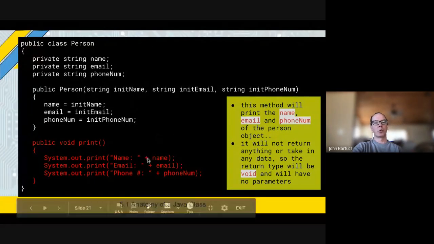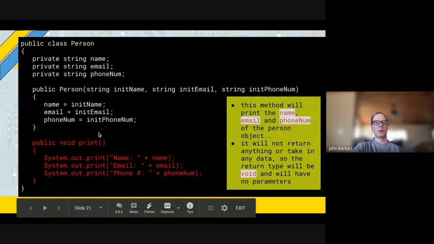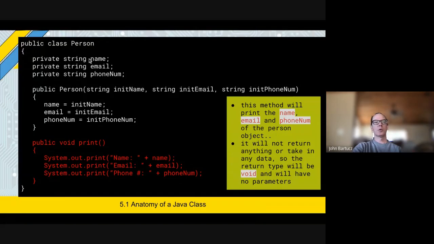So we can print the name, we can print the email, we can print the phone number, because those are stored as class properties or attributes. So those are stored and saved wherever your object is. It's stored inside those and only inside those. So you can't access it from anywhere else, except now at least we can print them out.